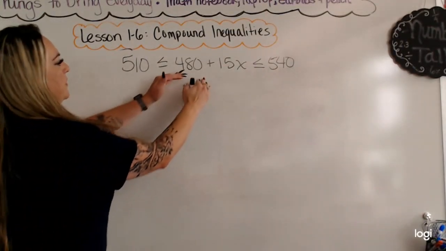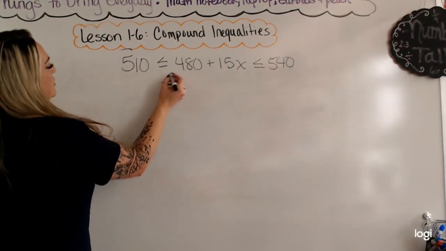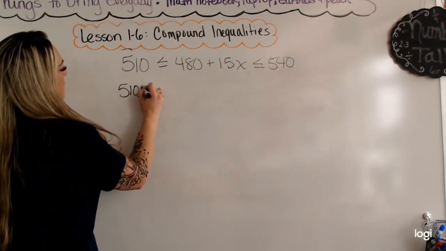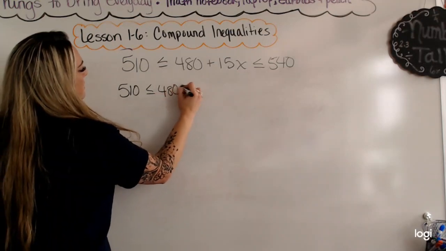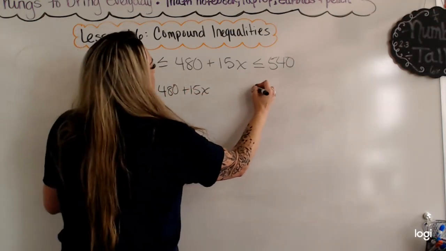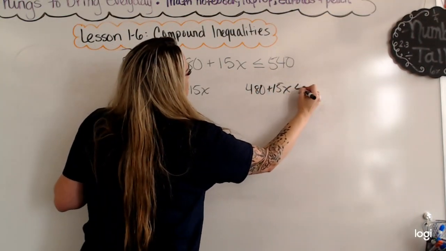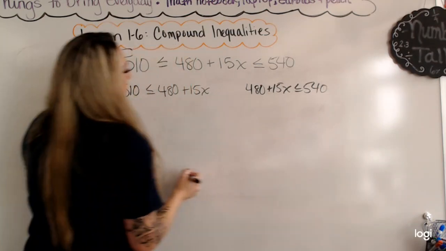Remember, we need to split these off into two inequalities so we can solve for x in each one. So we're going to rewrite and solve the first one, and then we'll rewrite and solve when we get done with the first one.